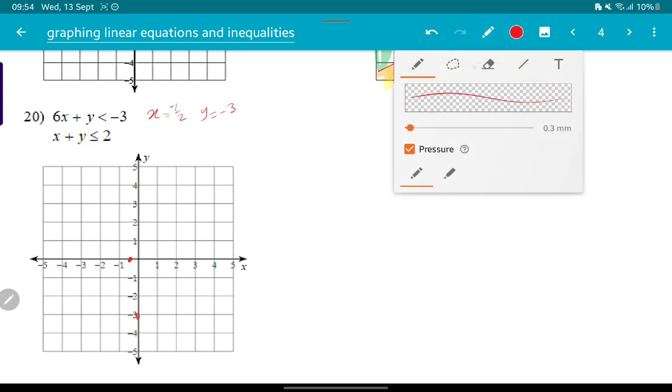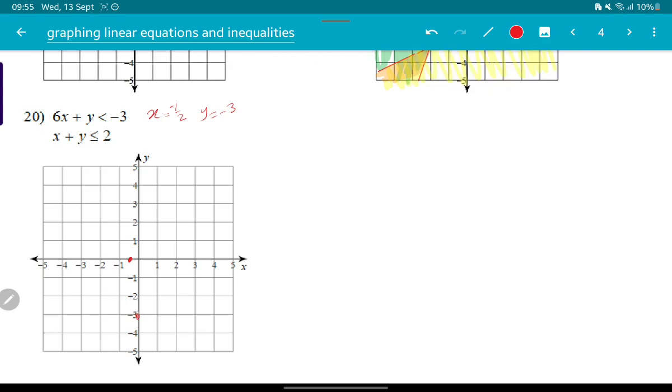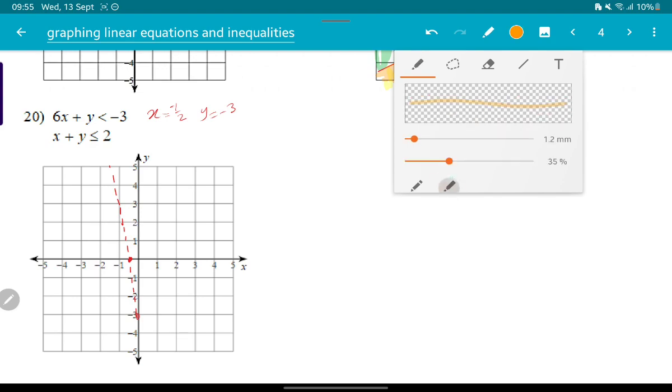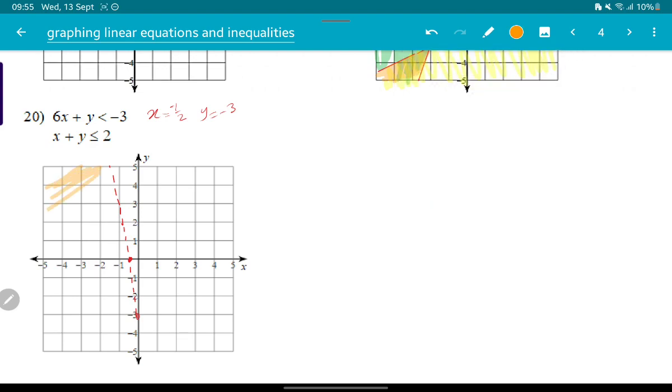It's less than only, so it's dotted, so you can go. Then test the 0. 0 plus 0 is less than negative 3, which is wrong, so you cannot take this part. We should take the opposite part that doesn't contain the 0.